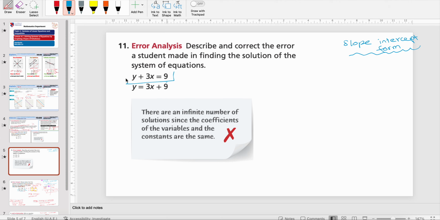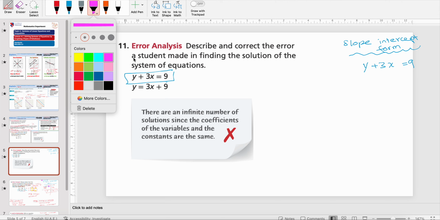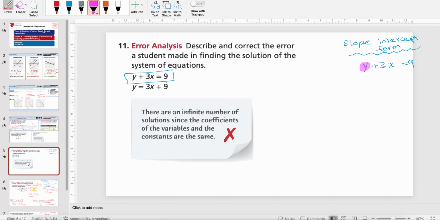So take this equation, y plus 3x equals 9, and isolate the y. Again, slope intercept form is basically the y is alone, because it's y equals mx plus b. As you can see, the y alone equals something. So try to isolate it. How? Get rid of the 3x.